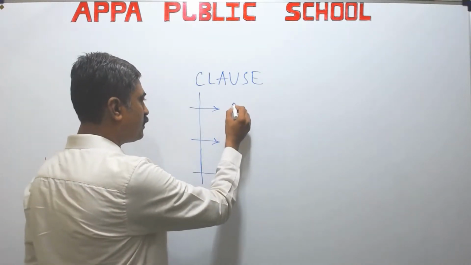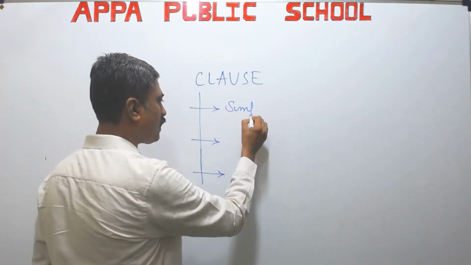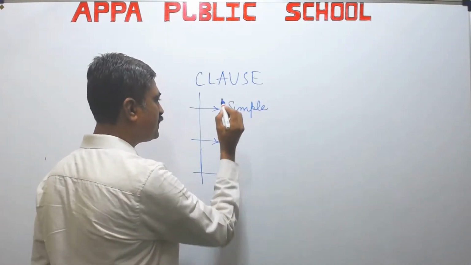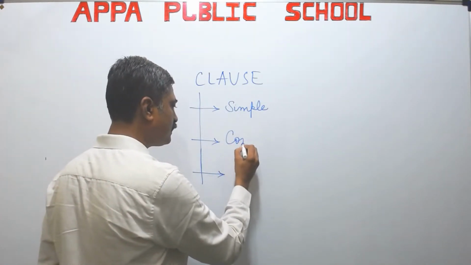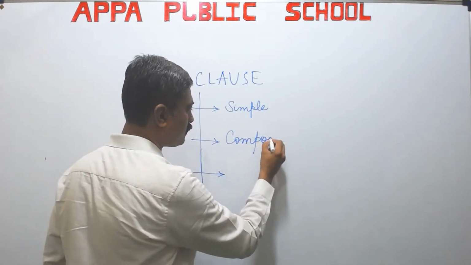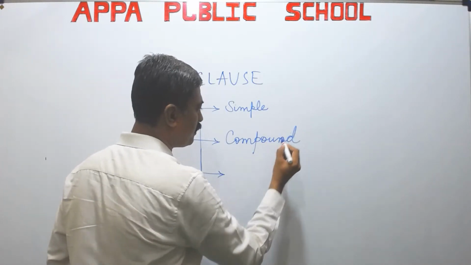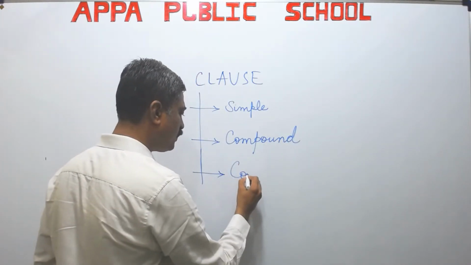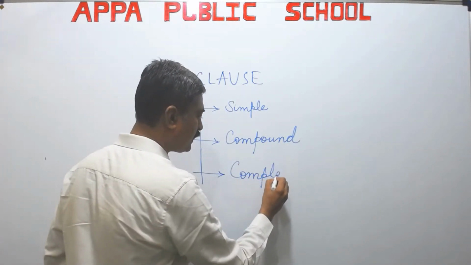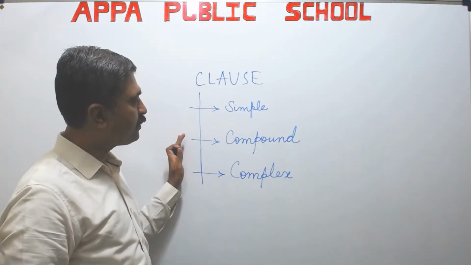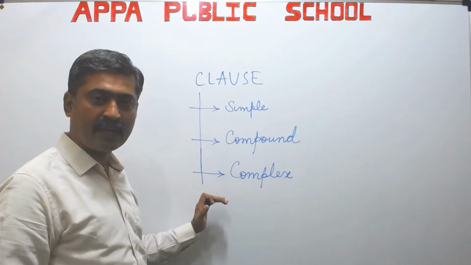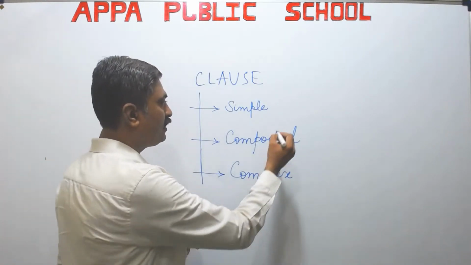What are those? Based on the clause, one is the simple sentence. The second one is the compound sentence. And the last one, the third one, the complex sentence. And we also tried to define what simple, compound, and complex sentences are.